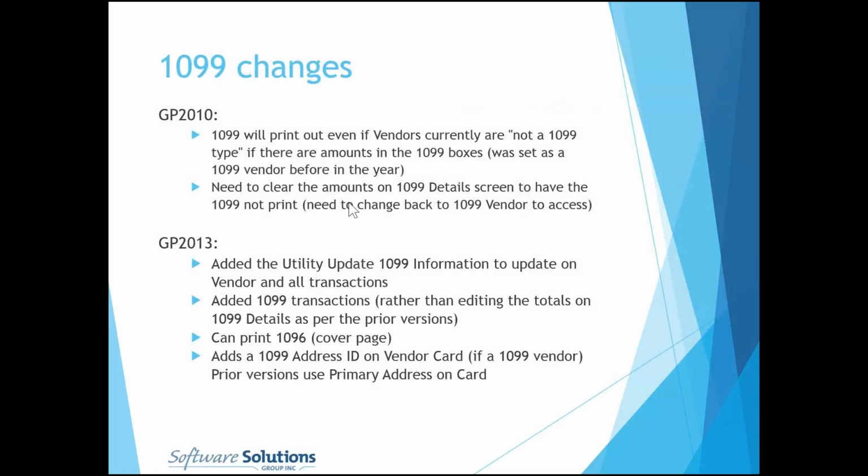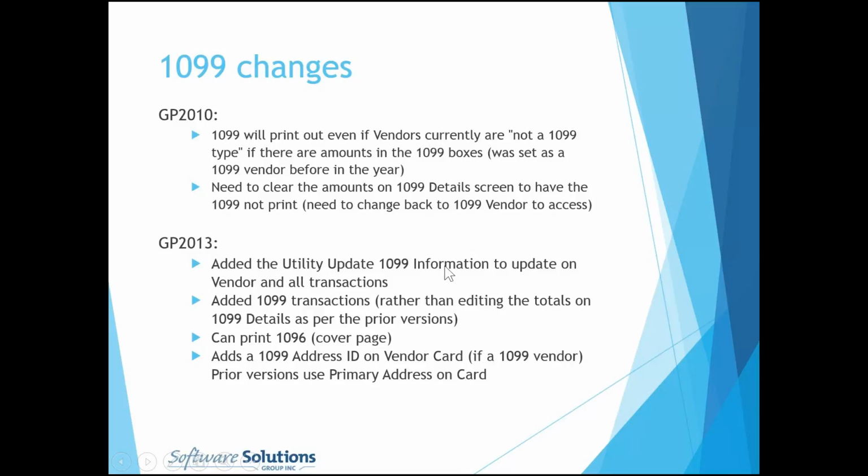1099 changes. If you're on GP 2010, your 1099 will print out even if the vendor is set as not a 1099 type, if you have amounts in the 1099 box. So at some point during the year it was set as a 1099 vendor. There are steps to clear this on a particular screen, the 1099 detail screen. You have to change it back to a 1099 vendor, clear it out, and then change it back to not. If you are on GP 2013, please do not use the 1099 detail screen to make changes.